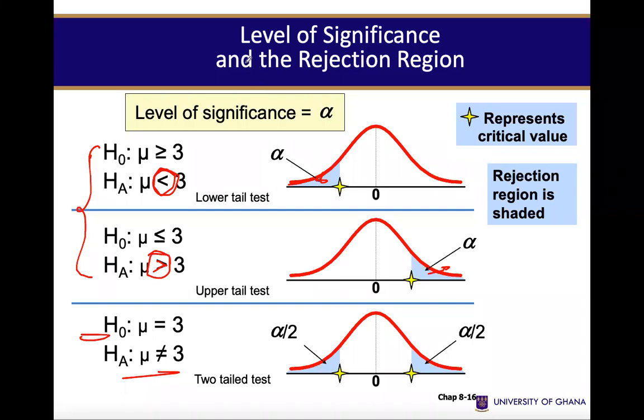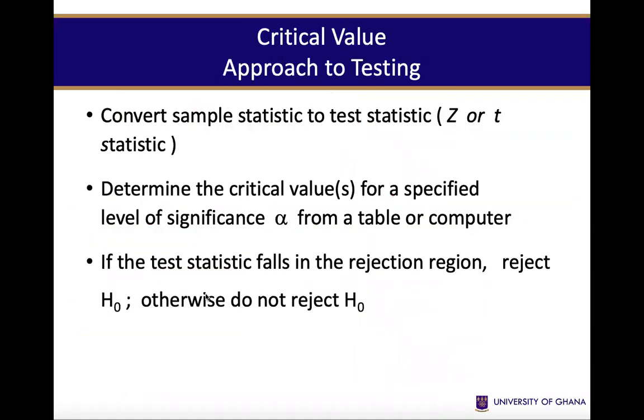All right, so let's move on. We have several ways of doing a hypothesis test, and the mathematics will come soon. But I think we need to take more time to explain before we do the math, so that you can get to understand. You convert the sample statistic to the test statistic. There's something we call the test statistic or critical value approach. In the critical value approach, we need to find what we call a test statistic.